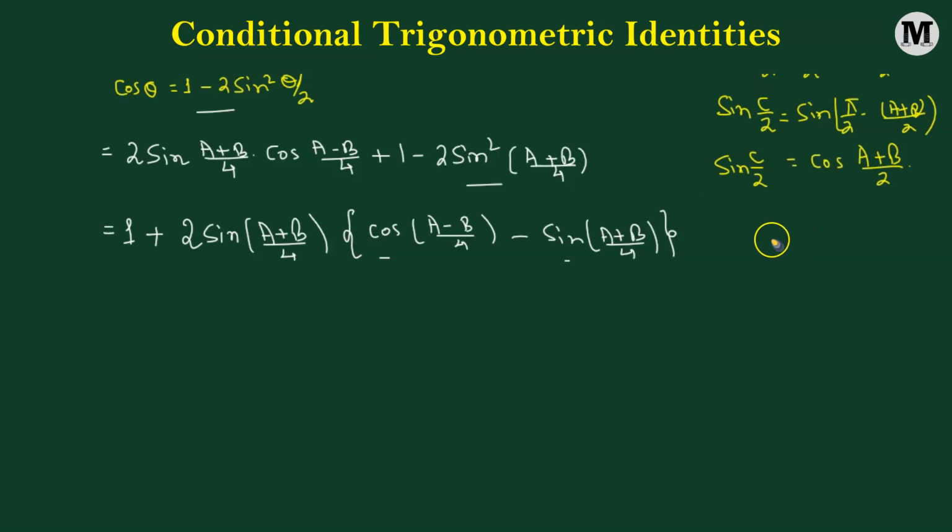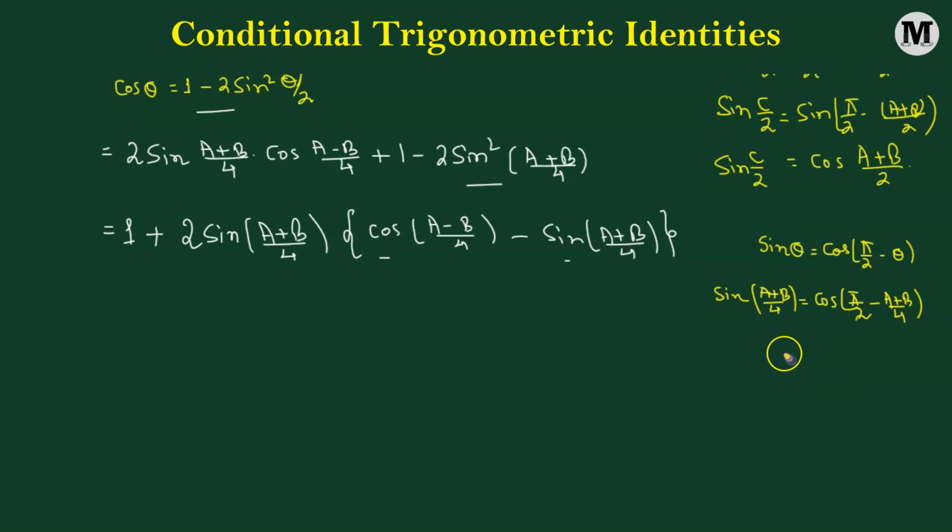Here we are going to use a fact. We know that if we have sine of some angle theta, this is also the same as cosine of (pi over 2 minus theta). Now, in our case, if we consider theta to be equivalent to (a plus b) over 4, then sine of (a plus b) over 4 is going to be the same as cosine of the angle pi over 2 minus, in place of theta, (a plus b) over 4.